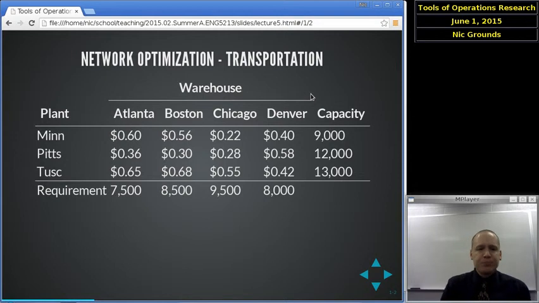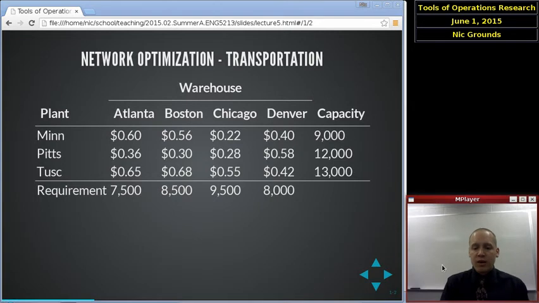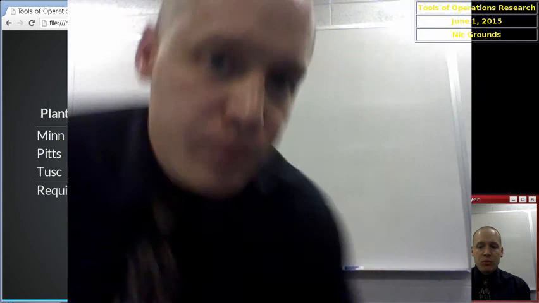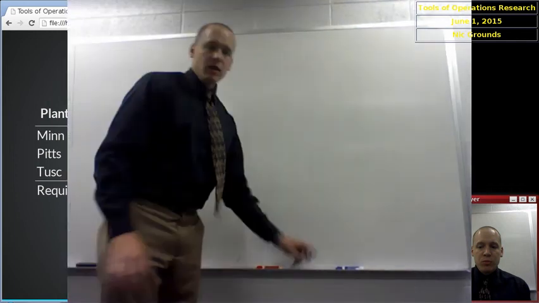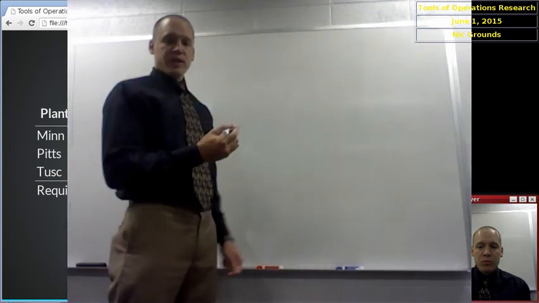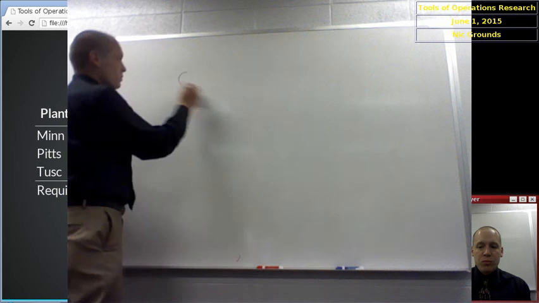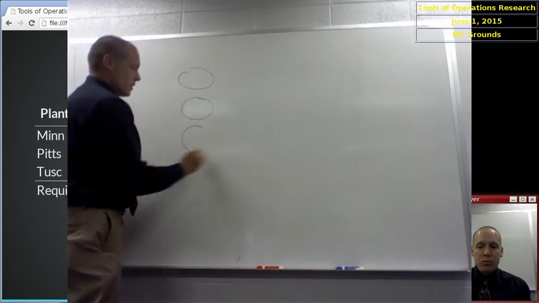Now I talked about how we would represent network optimization problems using diagrams of circles and arcs or edges. I'd like to represent that now on the whiteboard. So in our example, we had 3 sources, so I'll represent those with 3 simple circles.